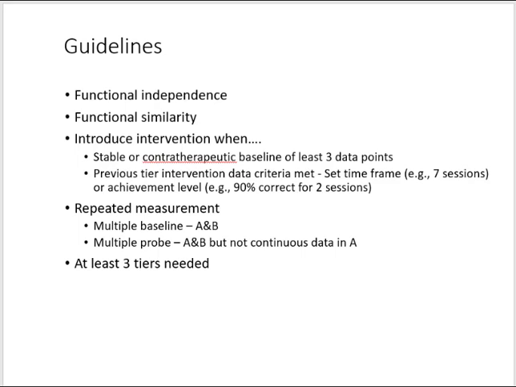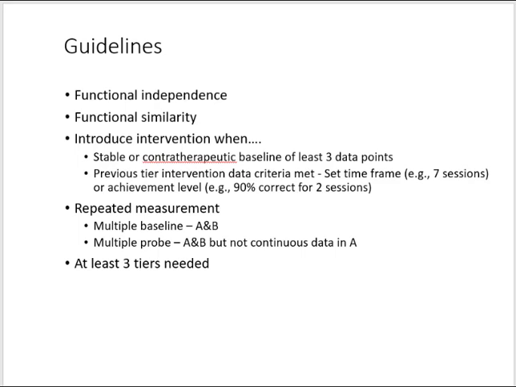The previous tier's intervention data need to meet criteria either by establishing ahead of time a set time frame, like 7 sessions in intervention before we start with the next participant, or they should achieve some specified criterion like 90% correct for 2 sessions.